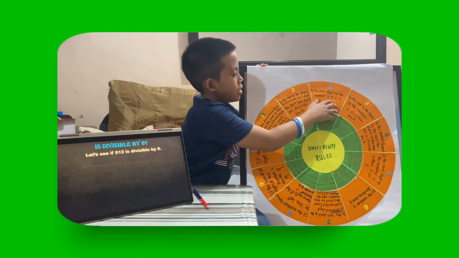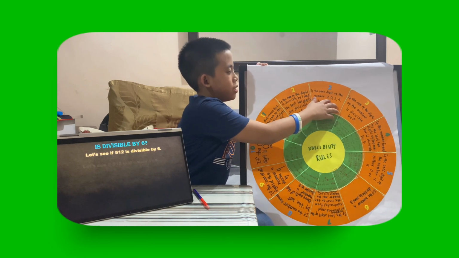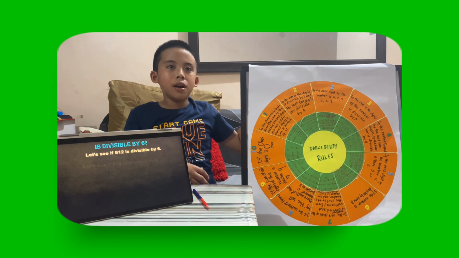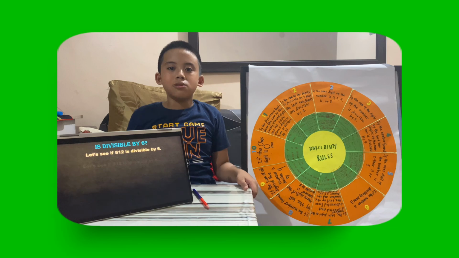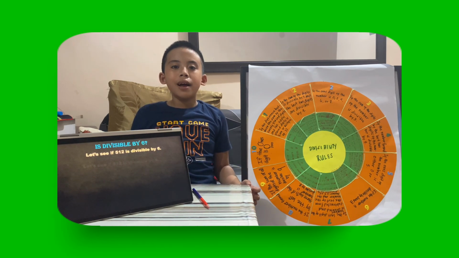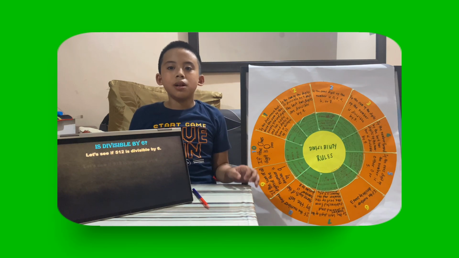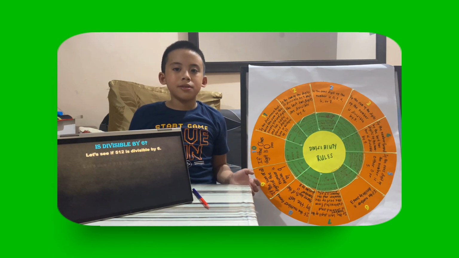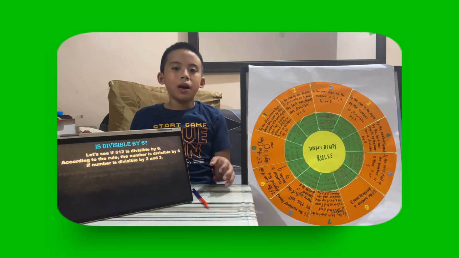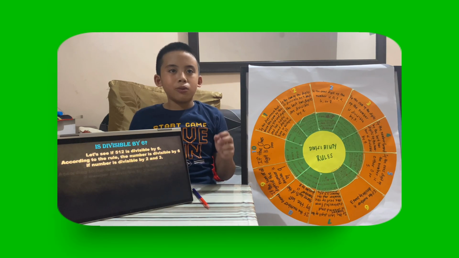If the ones digit of the number is 0, 2, 4, 6, or 8, or an even number, it is divisible by 2. Now, since it's 2 and it's an even number, then it's divisible by 2. 5 plus 1 plus 2 equals 8.